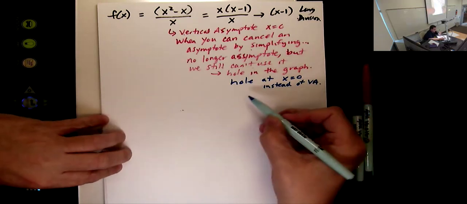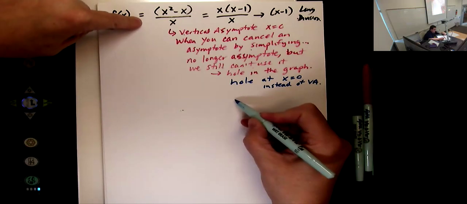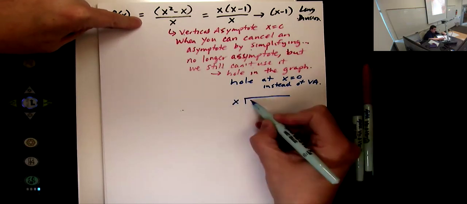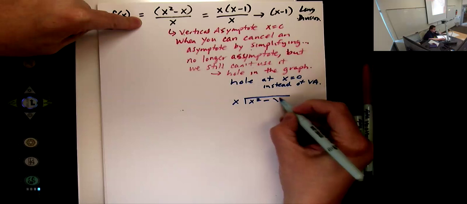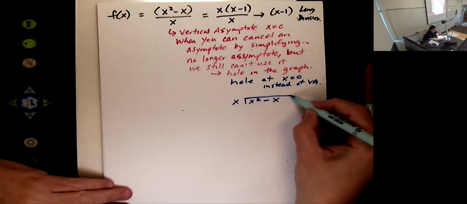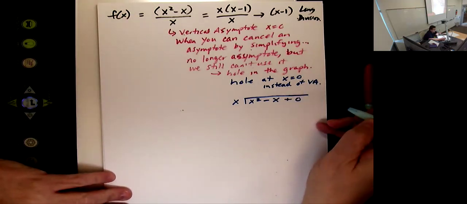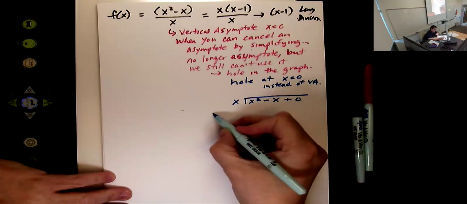Here, the numerator is bigger, and we can divide doing polynomial division. We did this before.